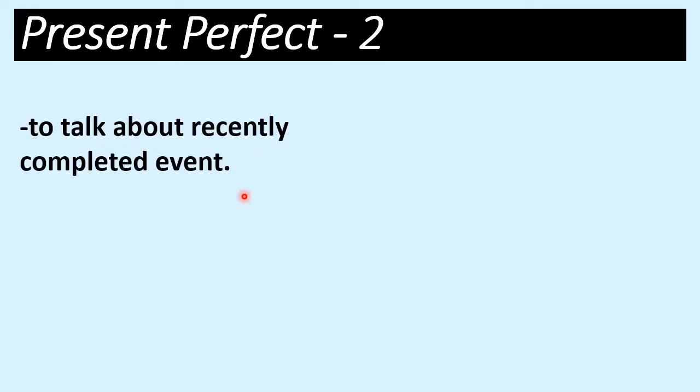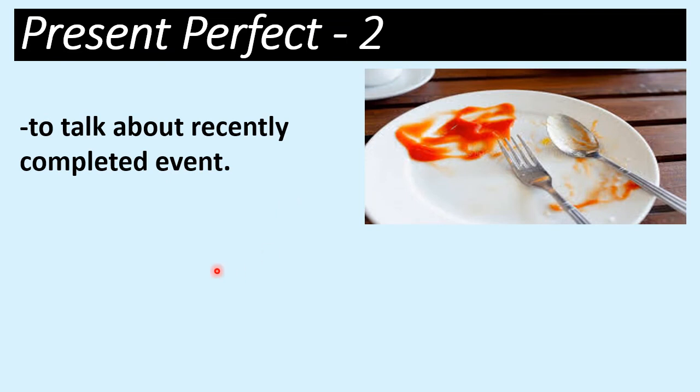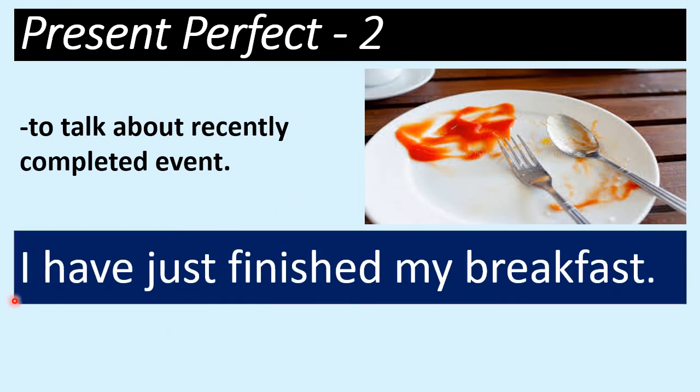We use present perfect to talk about a recently completed event. Look at the picture and look at the sentence. I have just finished my breakfast. Suppose I take my breakfast at 8 a.m. and now it is 8:15.